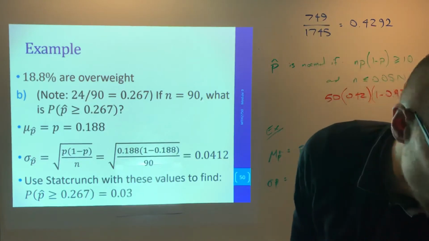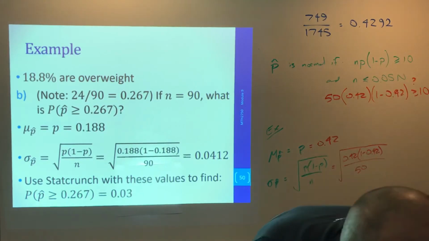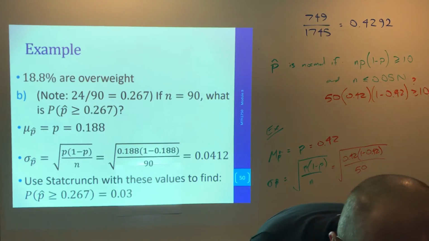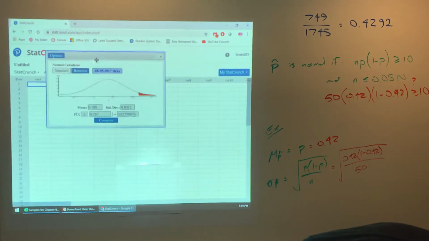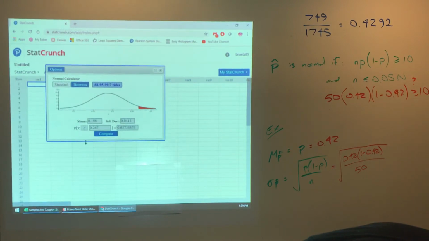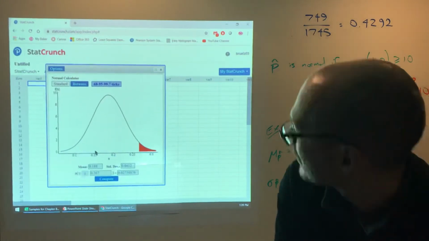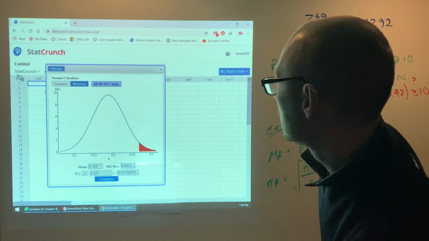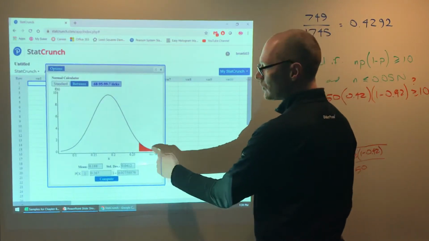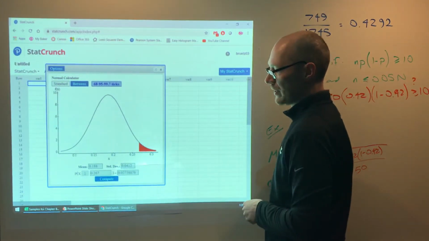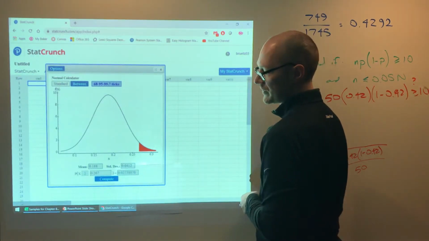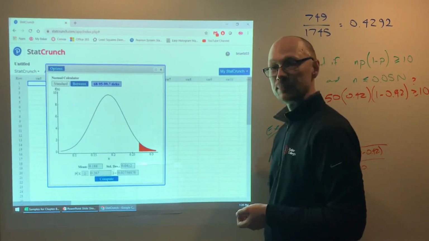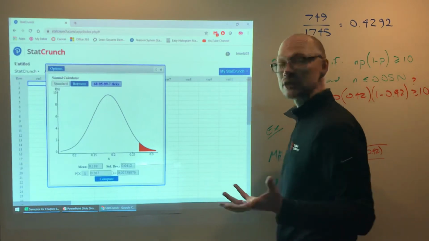I still have the StatCrunch window up. You can see how little red there is. It's only a 0.027, 0.03% chance. Very small chance.